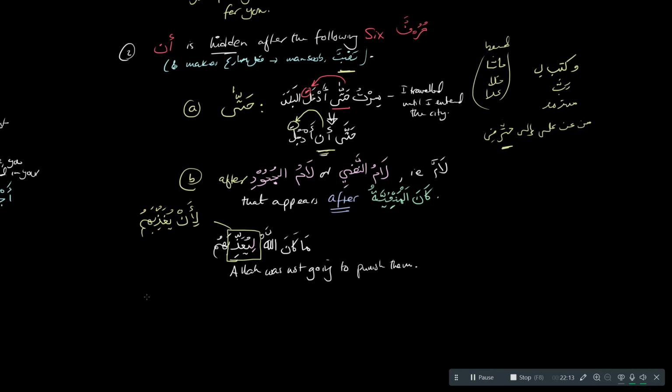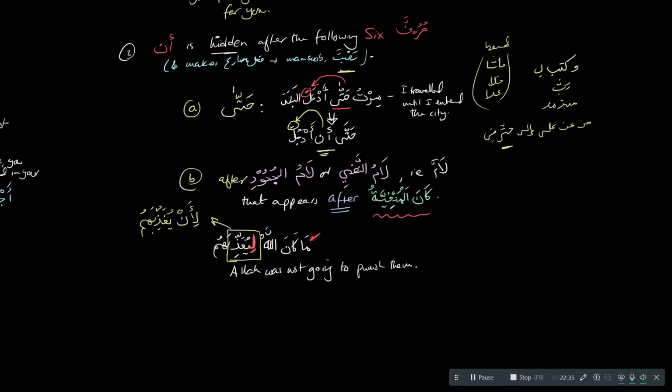Like that. So that's what that is. And this is the li you're talking about right here. This is lam nafi. So ma kana Allah liyu'adhibahum, lamun naf'i. That is lam that appears after a kana manfiya.